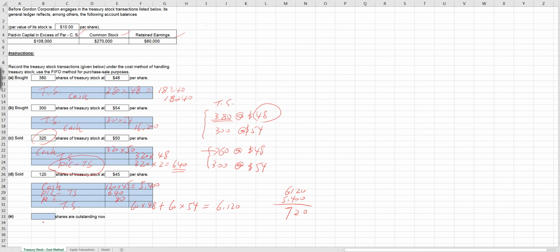And part E, how many shares are outstanding now? So we're going to update our treasury stock after transaction D. After transaction D, we should have 220 shares left at $54. So how many shares outstanding? Shares outstanding equals shares issued minus the number of treasury stock.